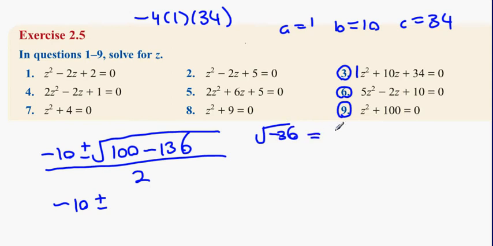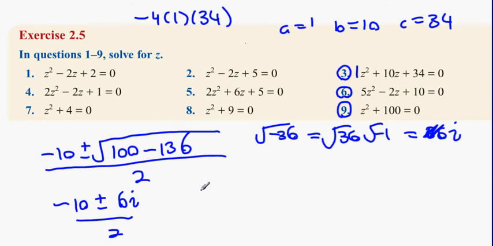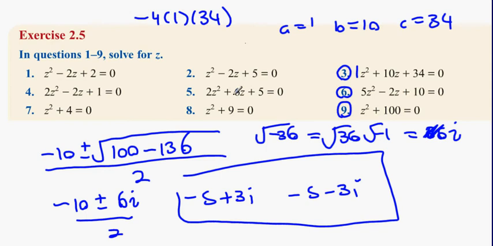The square root of minus 36 is root 36 by root minus 1, which is going to give me 6i, because the square root of 36 is 6. So it's going to be minus 10 plus or minus 6i over 2. When we divide by 2, we're going to get minus 5 plus 3i, and then minus 5 minus 3i. As predicted, the conjugates are the two roots.